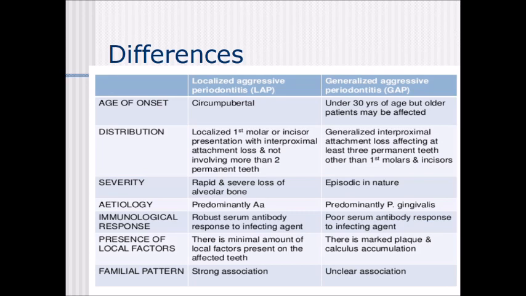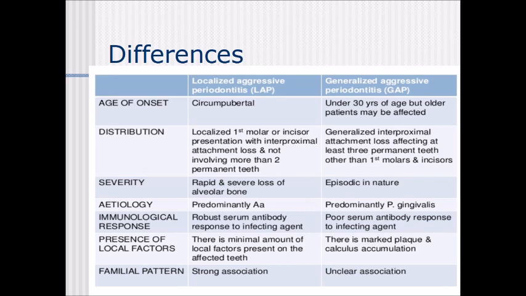And distribution: in localized aggressive, localized first molar and incisor presentation with interproximal attachment loss, not involving more than 2 permanent teeth other than first molars and incisors. And in generalized aggressive, generalized interproximal attachment loss affecting at least 3 permanent teeth other than first molars and incisors. Regarding severity, rapid and severe alveolar bone loss, and in generalized an episodic nature will be seen.